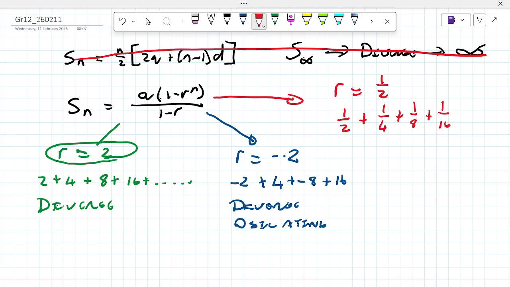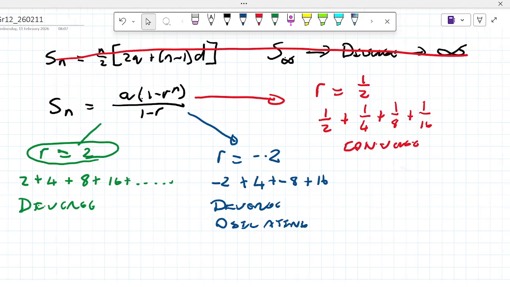So because it's getting smaller and smaller, we say that this is converging. Diverge means it's just getting bigger and bigger. Converge is saying it's getting smaller, to go to zero.